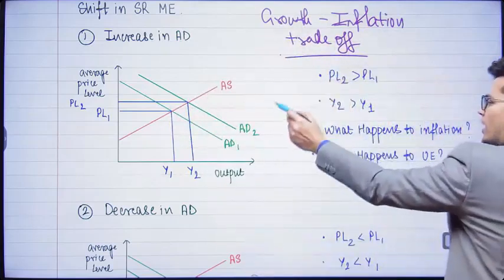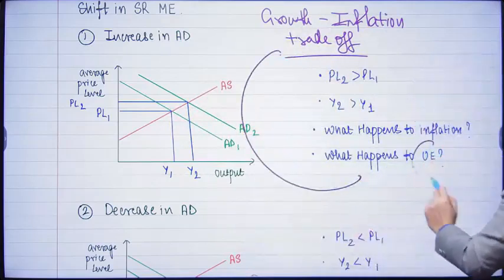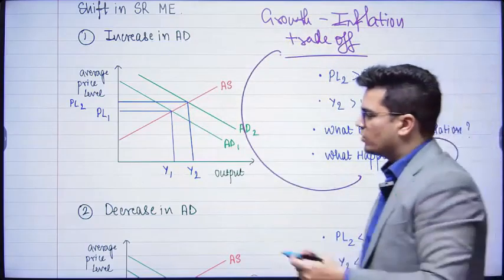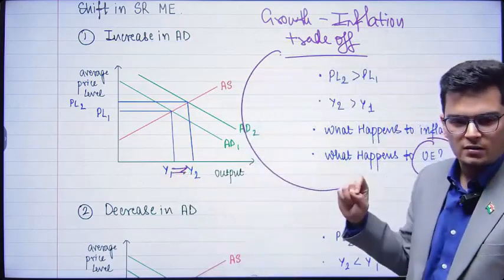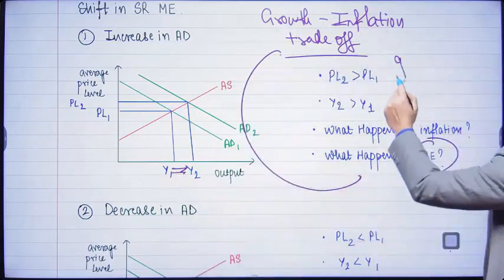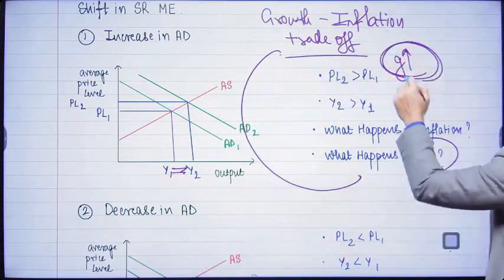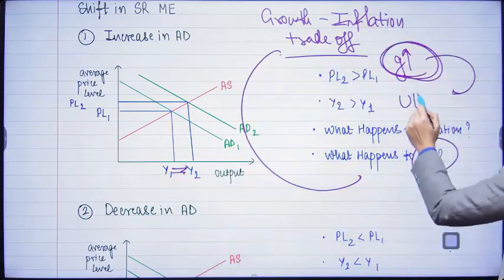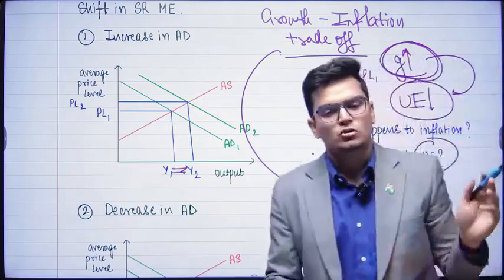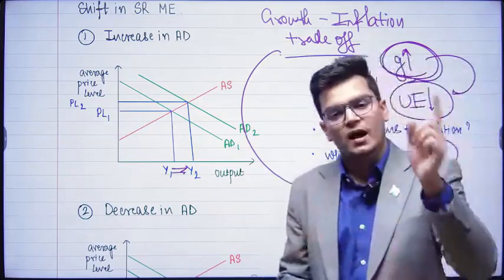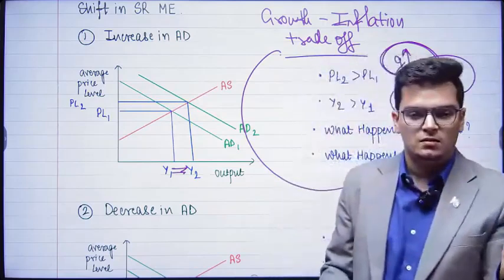This also I can look at in terms of unemployment. If it is going from here to here, यहां से यहां अगर ये जा रहा है तो ग्रोथ बढ़ रही है. If growth is increasing, GDP is increasing, growth is happening, then unemployment should go down. ये भी मैं देख चुका हूं. So there is an inherent linkage between unemployment and inflation.